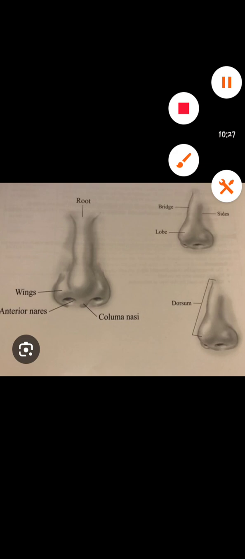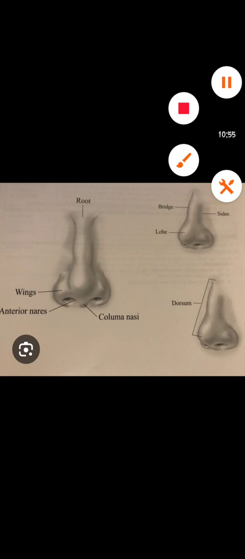The columna nasi, we know that it's about the nose because nasi is nose. Columna is Latin for column. So column of nose. The only thing that even remotely resembles a column of nose is your nose holes.